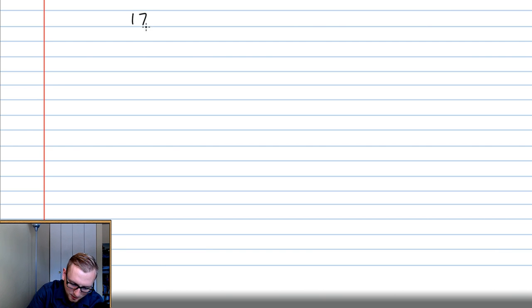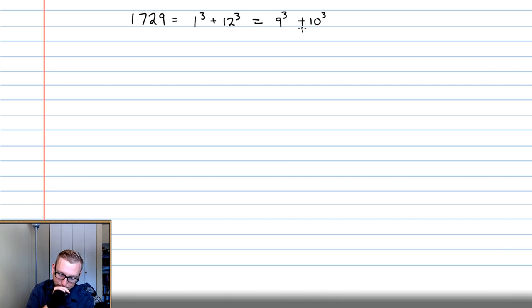So 1729 can be represented as the sum of two cubes two different ways. 1 cubed plus 12 cubed is also equal to 9 cubed plus 10 cubed.